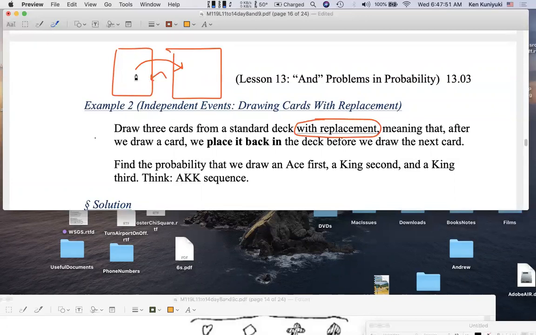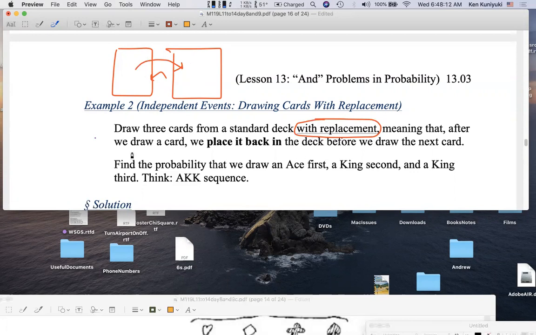Then after we all look at the second card, you put the second card back in. The deck is randomly shuffled well. You pick a third card and then put that back in. So sampling or drawing with replacement. Every time you pick a card, you immediately put it back into the deck before you pick the next card, if there is a next card.